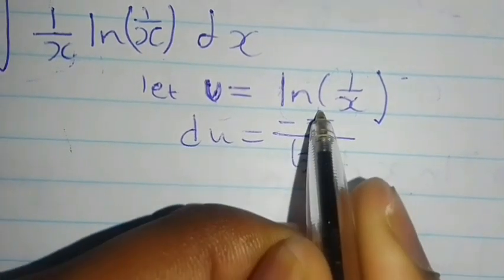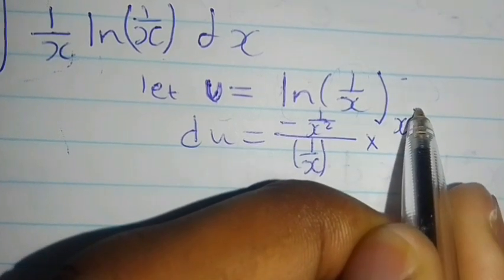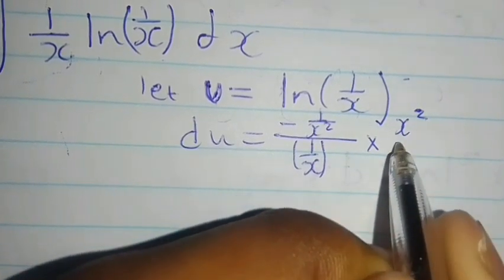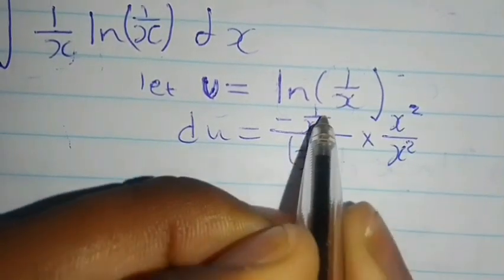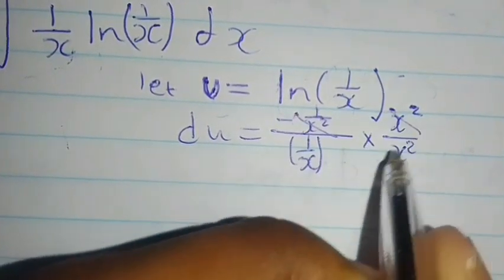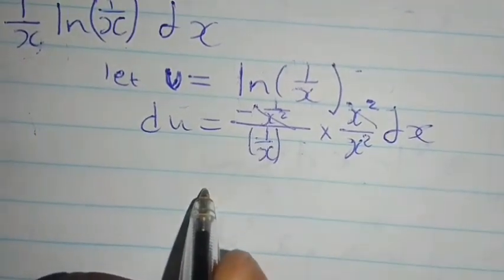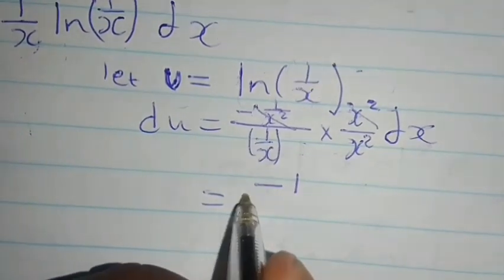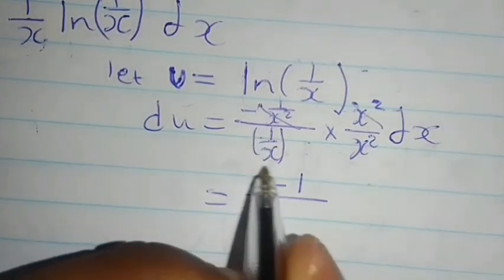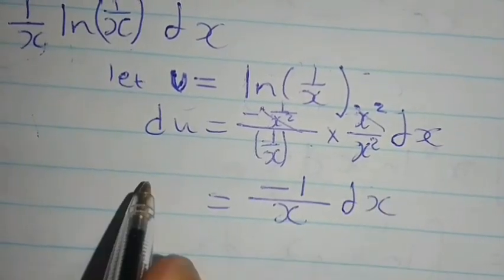Then notice that if you multiply both the numerator and the denominator by x squared, this will cancel this, and here you'll have x. So the x squared will cancel, then you'll be left with minus 1, and x squared multiplied by 1 over x is going to be x.